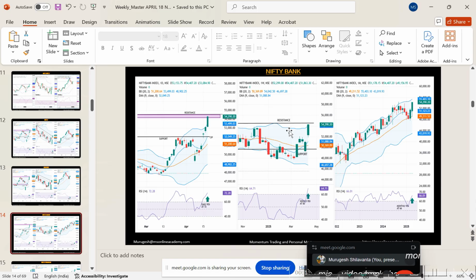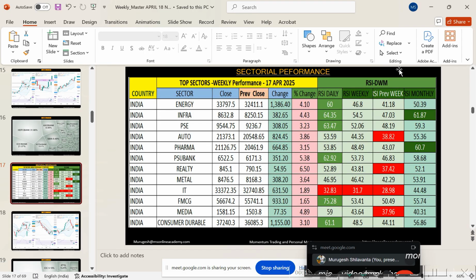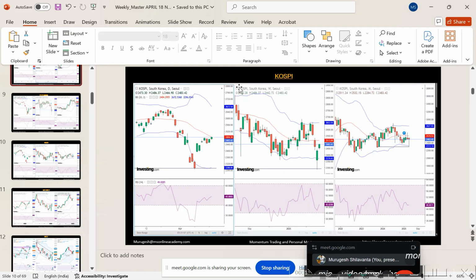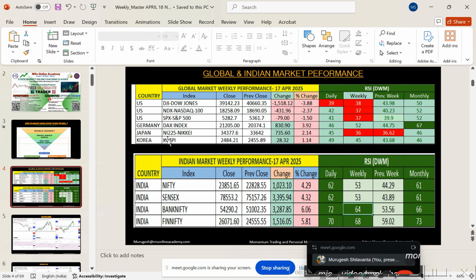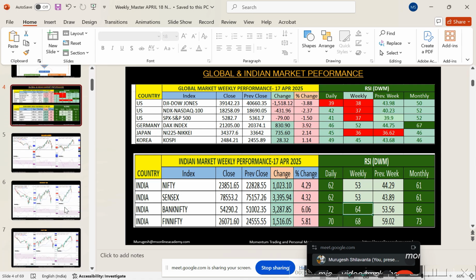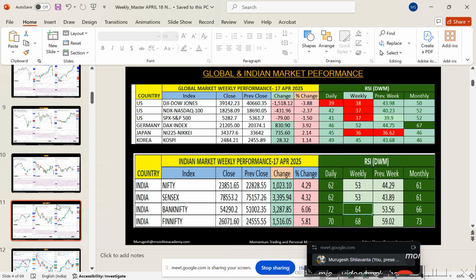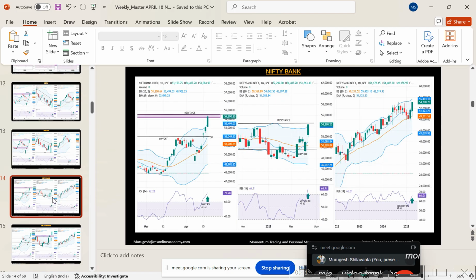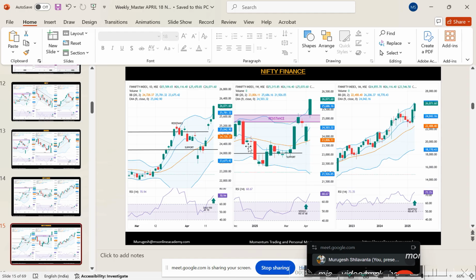But for this week, the top sectors to track are banking and financial sectors, because all the RSI here, Indian market, Fin Nifty, Bank Nifty, is above 60. So our top sector to trade on the long side is financial stocks. Fin Nifty is at an all time high, breakout from all the resistance.